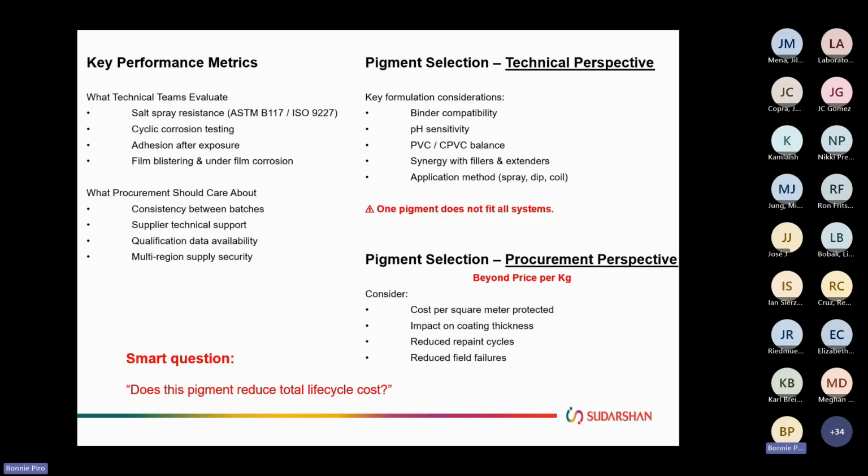So as far as on the technical side, there are a number of different test methods that are used, salt spray being one of the big ones, cyclic corrosion testing, adhesion after that exposure, and blistering is always a big thing to take a look at. From the procurement side, it certainly is important to understand consistency from a lot-to-lot type of application as far as your supplier is concerned.